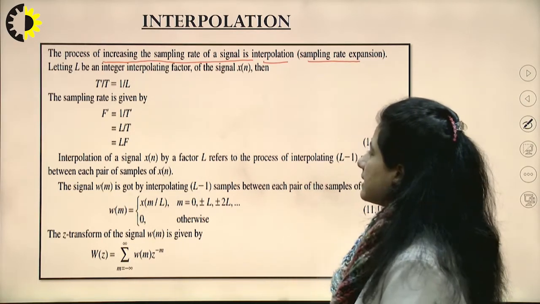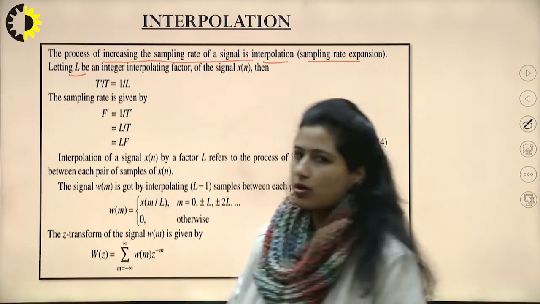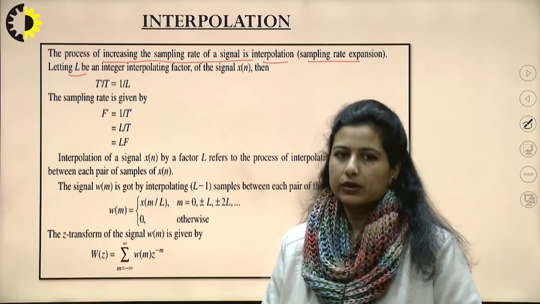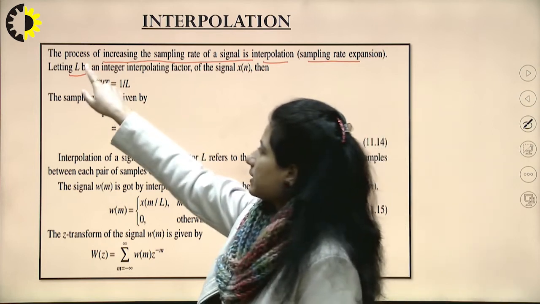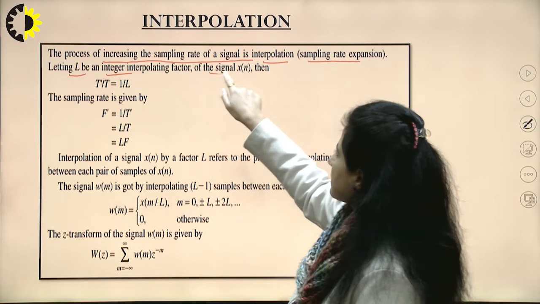So what do we see here mathematically? I'll be using the representation L here, the way I was using the alphabet M in decimation. This L is an integer number and the signal is x[n].